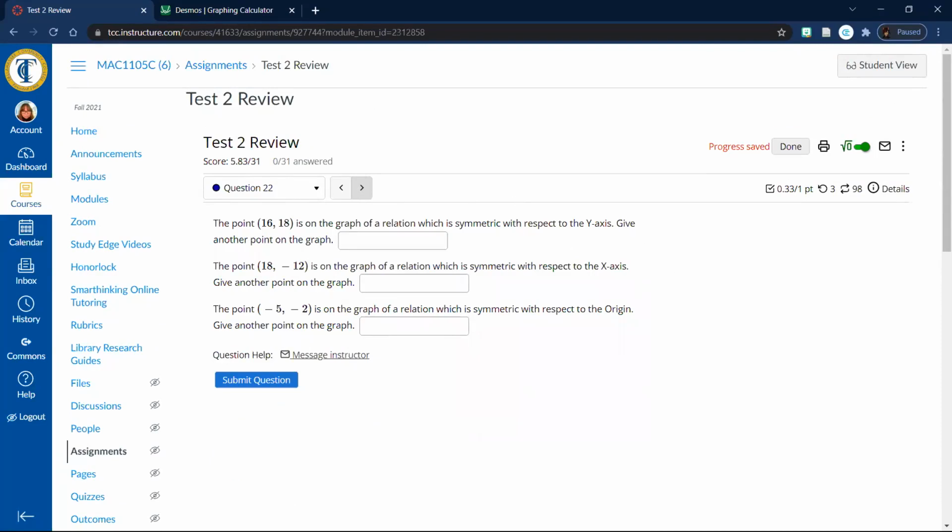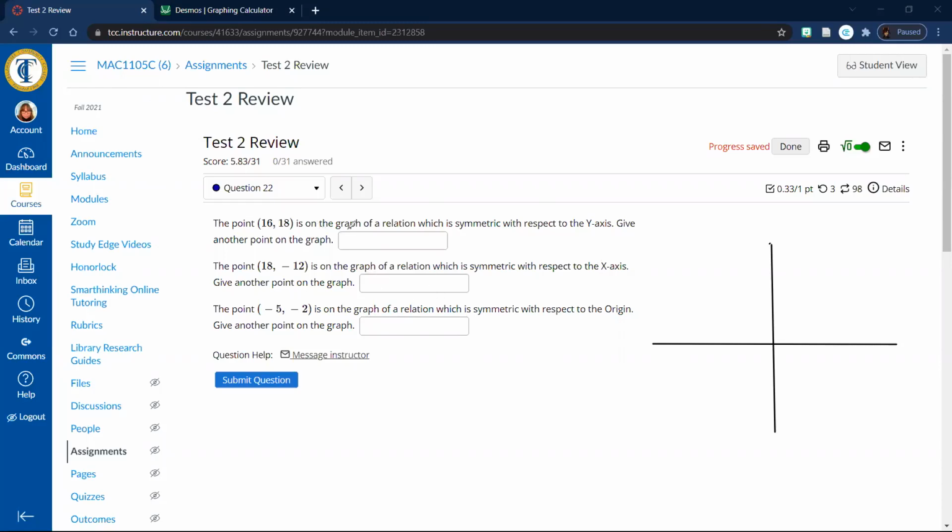Oh, let's talk about this one. Symmetry. Usually when we're talking about symmetry, you're looking at a graph and deciding whether or not it's symmetric, with respect to the y-axis, the x-axis, or the origin. But for a moment, let's think about a point on a graph and figure out what point would be complementary to it to make it symmetric.